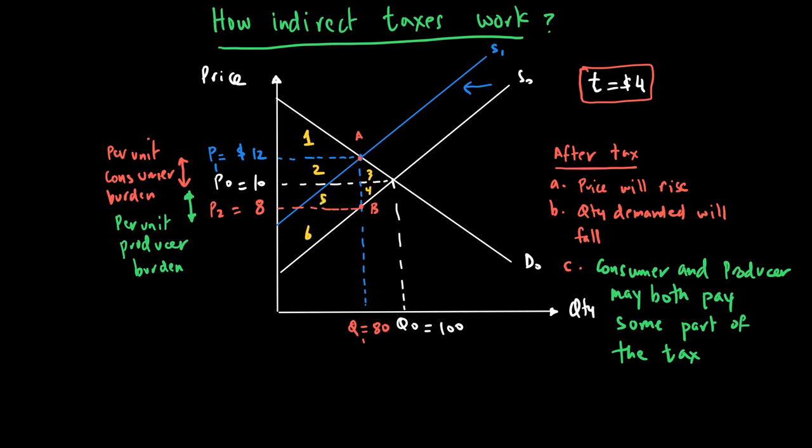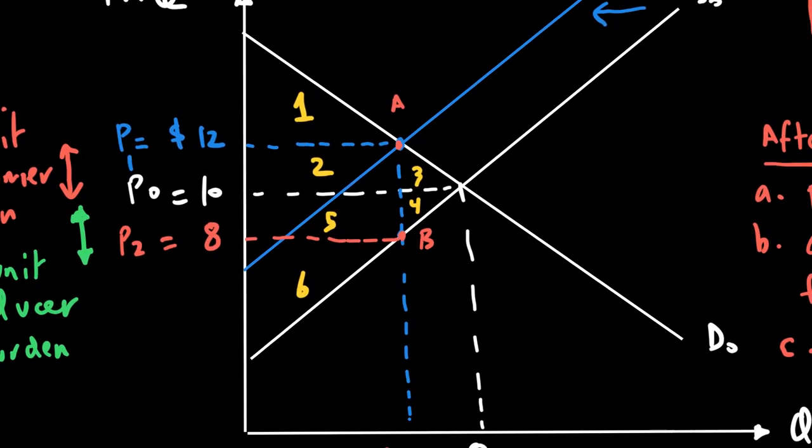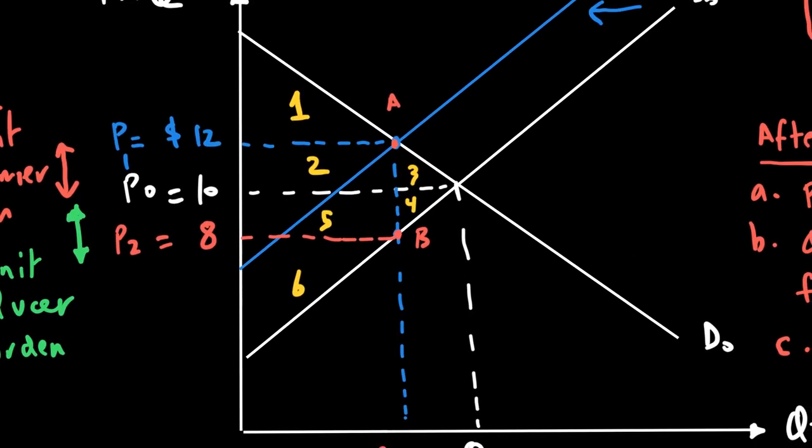Area 2, let me zoom in on the diagram, is this region, and area 3 is this region. I'm sorry, area 5 is this region, this rectangle.